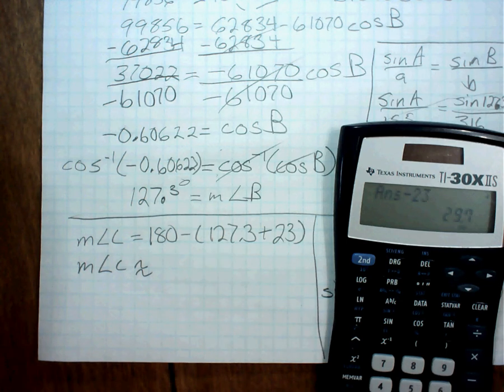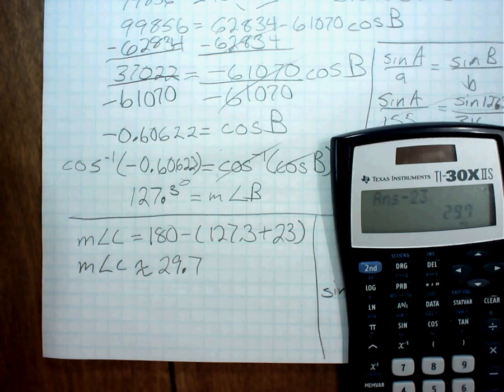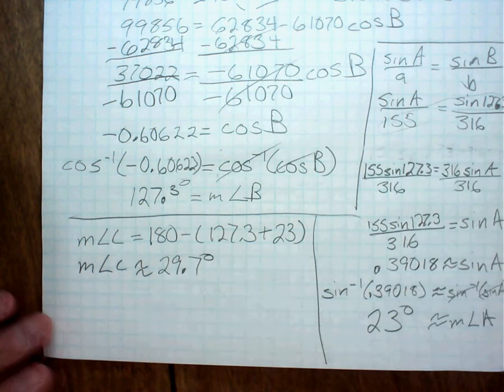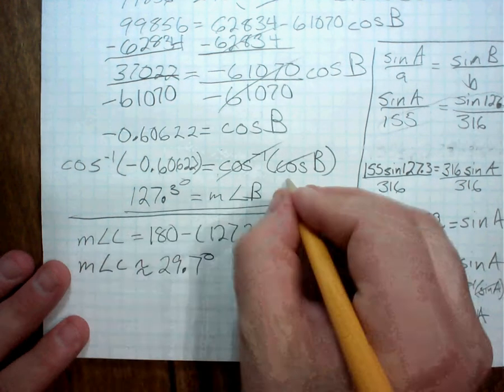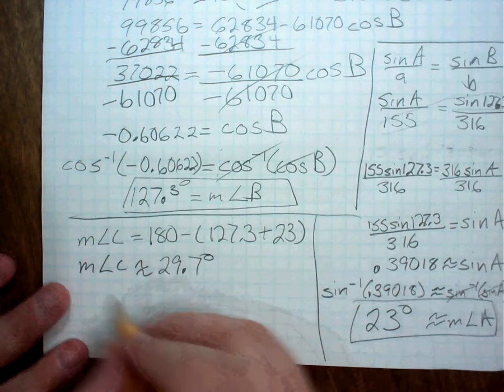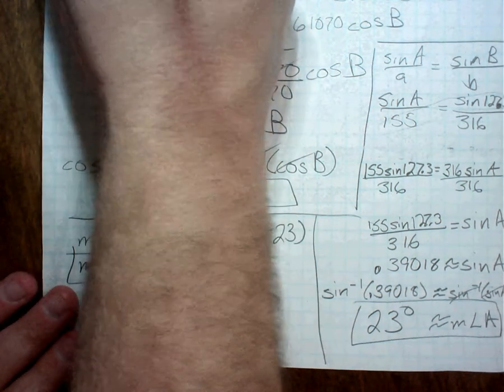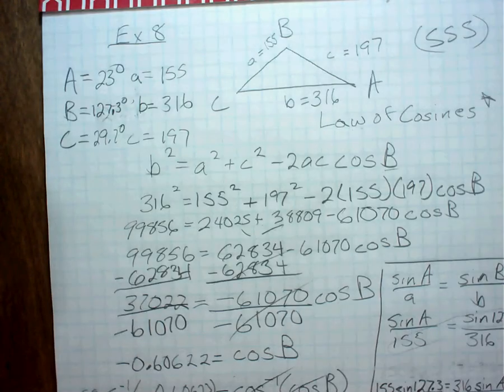And so we got 29.7 degrees. So the measure of angle B is 127.3. The measure of angle A is 23 degrees. The measure of angle C is 29.7. We'll put that in up here, 29.7 degrees. And we just solved that whole triangle. Okay? All right, cool.